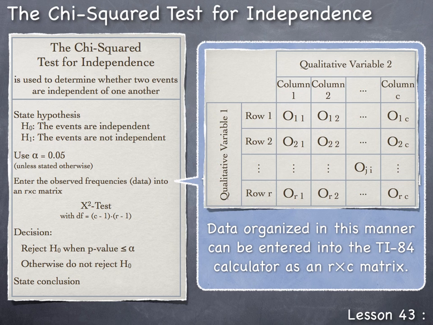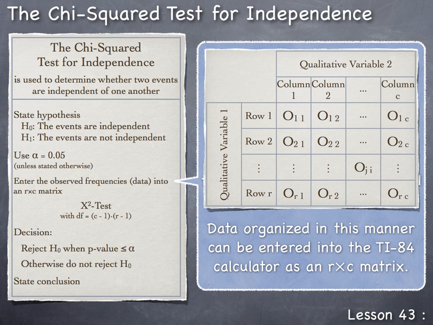The first qualitative variable has R categories. So these are displayed across the R rows of the table. The second qualitative variable has C categories, and each of the C categories are displayed along the columns.